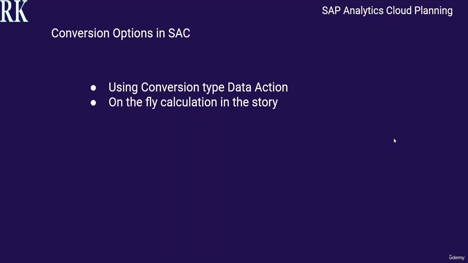Let us look at the options we have in SAC to perform the currency conversion. So we have a couple of options. The first one is using the currency conversion data action type. If we use the data action, that means we are going to persist whatever conversions we do. That means we are going to store the target currency amounts along with the local currency amounts.